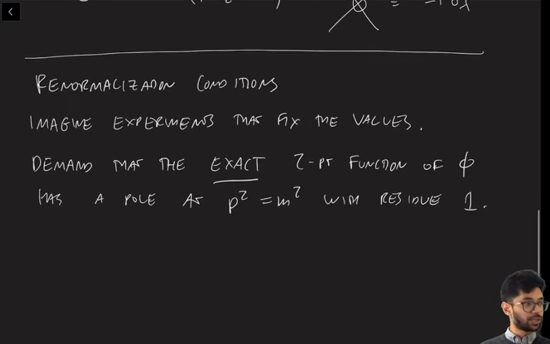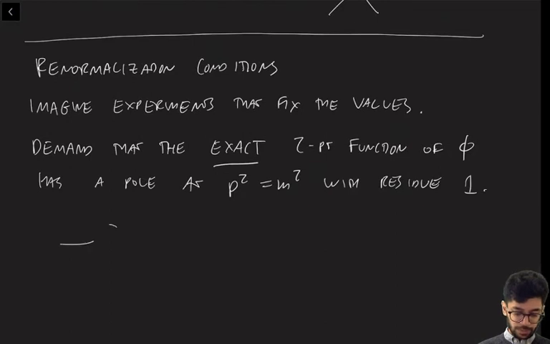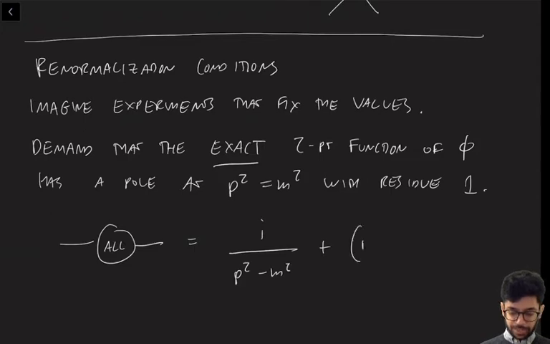In other words, pictorially this looks like this. Add up all the diagrams that contribute to the exact two-point function of phi, and this looks like i over p squared minus m squared plus other bits where these bits are regular at p squared goes like m squared. Okay.